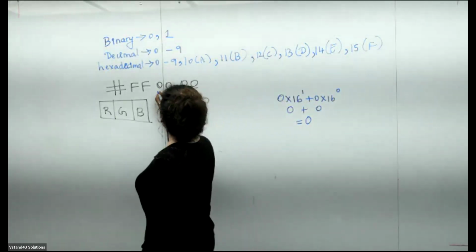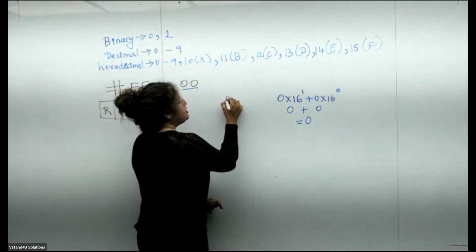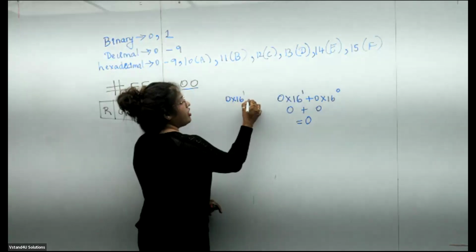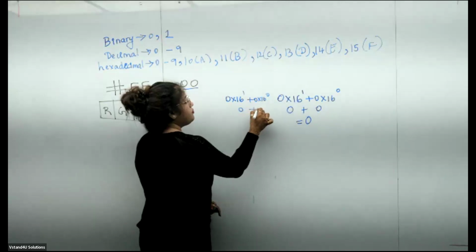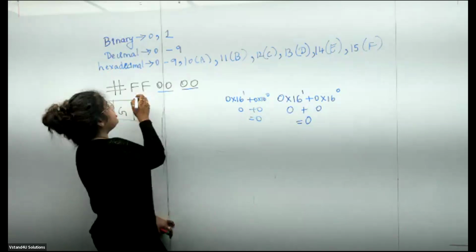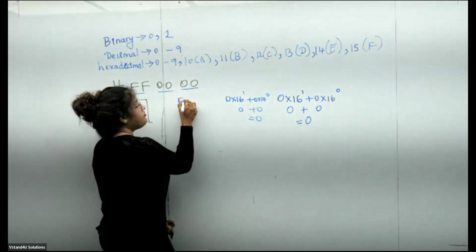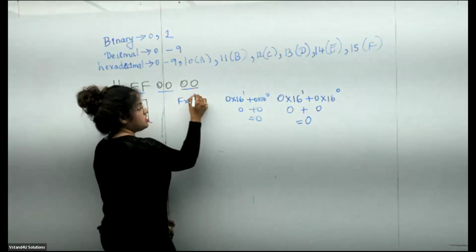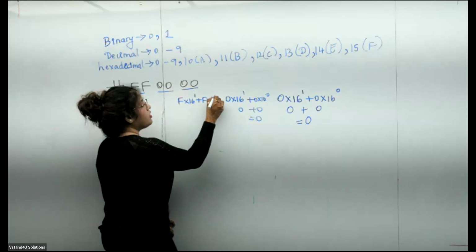Next one, again consider the next 2 digits. Again you have 0, 0. So it is 0 into 16 to the power of 1 plus 0 into 16 to the power of 0. 0 plus 0 is nothing but 0. Next one, I have F and F. So F into 16 to the power of 1 plus F into 16 to the power of 0.